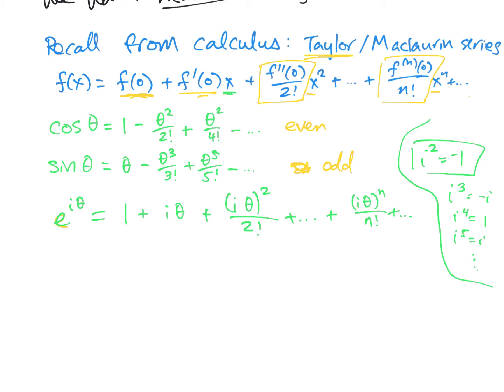So as we take all these terms, we know that i sort of rotates this way, and so we can simplify this a little bit to be 1 plus i theta minus theta squared over 2 factorial minus i theta cubed over 3 factorial plus theta to the 4th over 4 factorial, and so on.